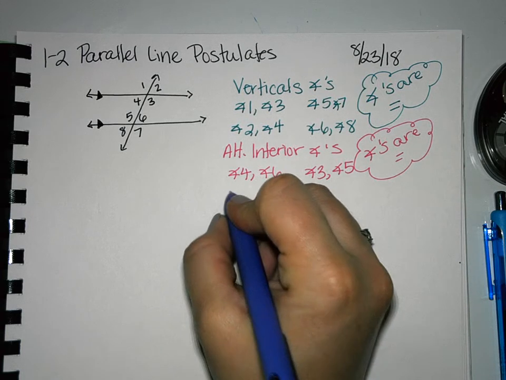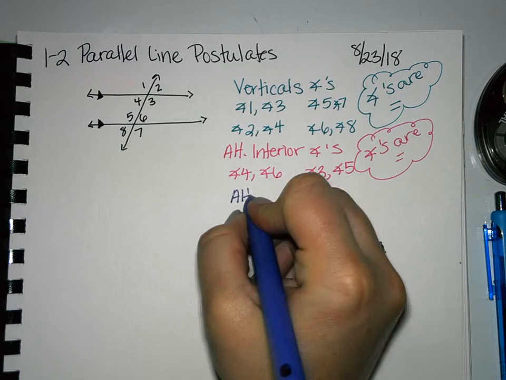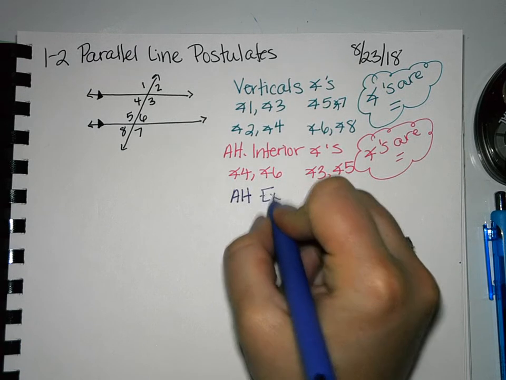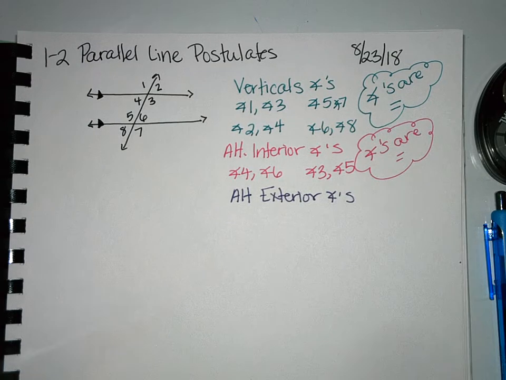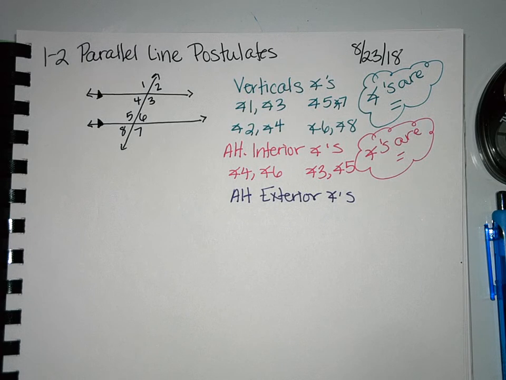The next type, alternate exterior angles. So again, let's get 2 more volunteers out there. Let's see, Gustavo, can you tell me one pair of alternate exterior angles that you see?